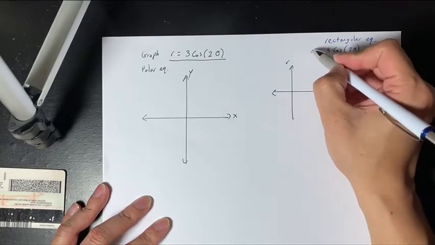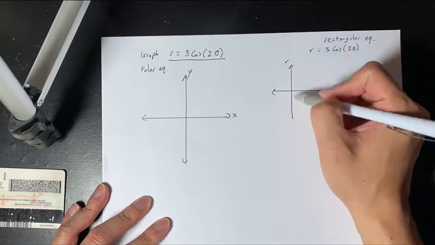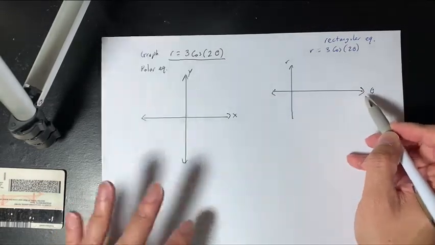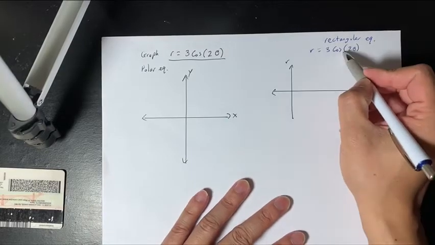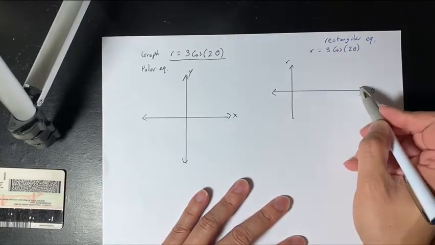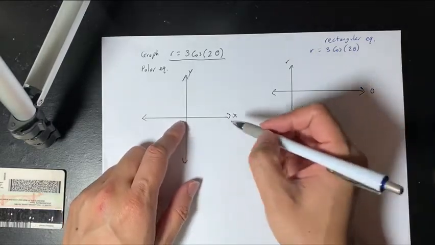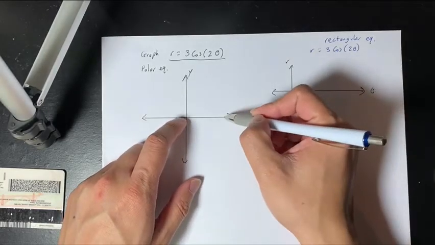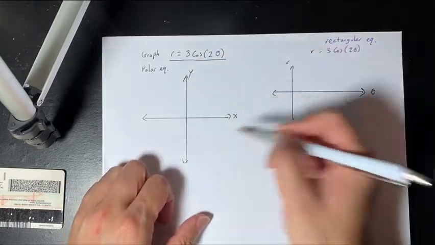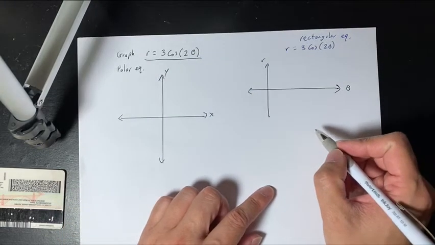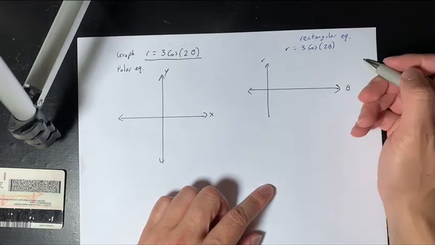And that's because in this world, r is your vertical axis, theta is your horizontal axis. And by graphing this in this rectangular world of r and theta, it will help guide me on how to graph r and theta in this xy plane. All right, so let's begin.